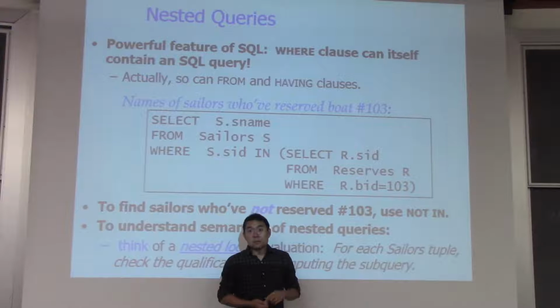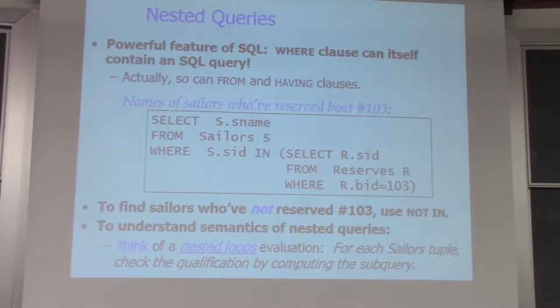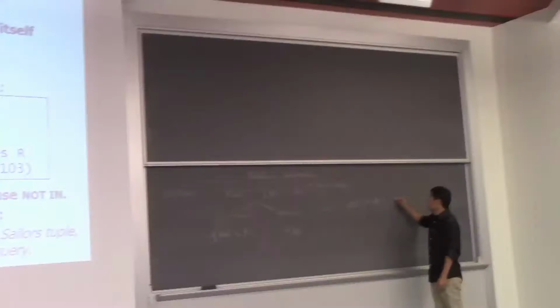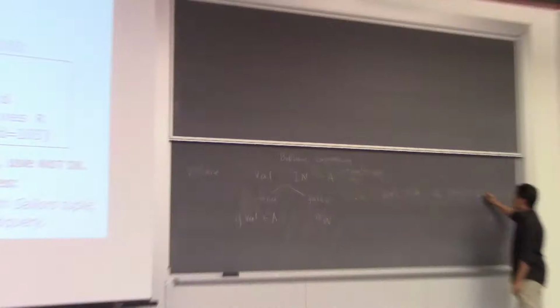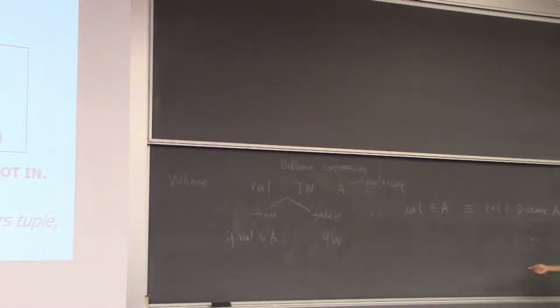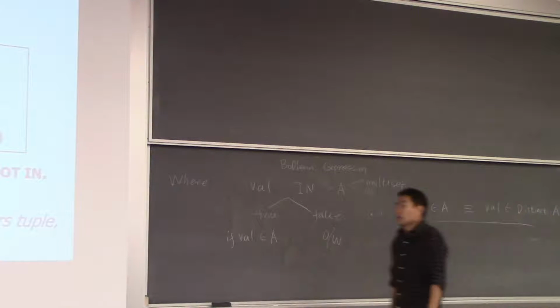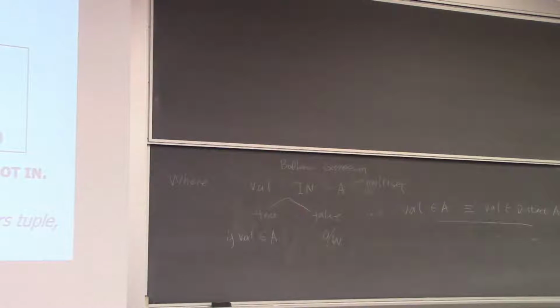But it doesn't really matter, because this is always the same as the deduplicated version. You can prove this. In other words, set membership is not affected by having duplicates or removing duplicates.